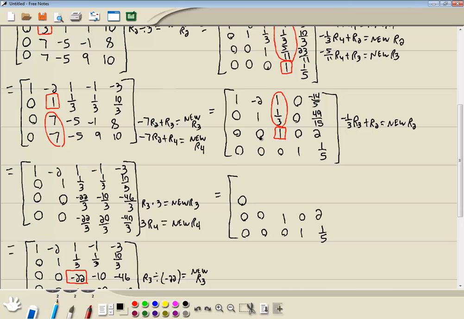Negative 1/3 times 0, 0 plus 1 is 1. Negative 1/3 times 1 is negative 1/3 plus 1/3 is 0. Negative 1/3 times 0, 0 plus 0, 0. Negative 1/3 times 2 plus 49/15 is 13/2.